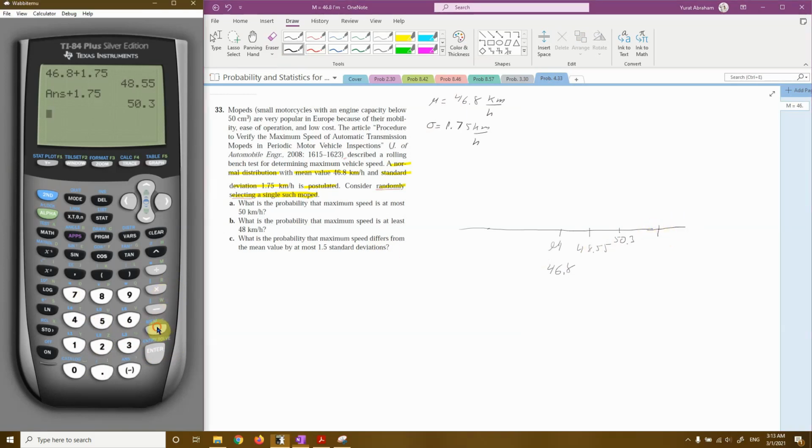And then one more time, 1.75. Enter. That's 52.05. And on the left side, we're going to have 46.8 minus 1.75.